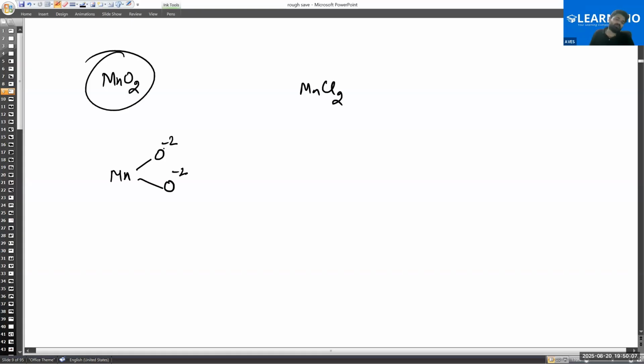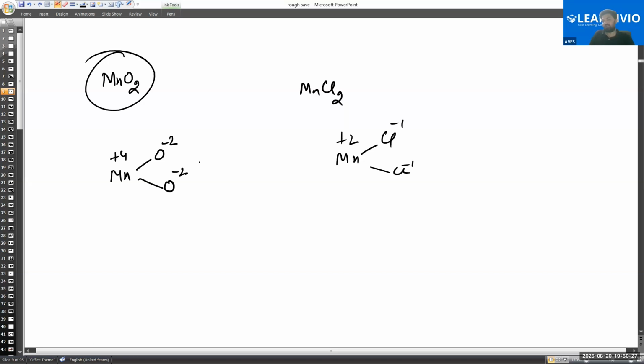So what could possibly be the charge on Mn so that the whole charge becomes 0? Can you tell me? +4. So the oxidation state of Mn is +4. But in MnCl2, chlorine atoms are connected, so it is -1 for each Cl. So here it should be +2, so that the total charge will be 0.